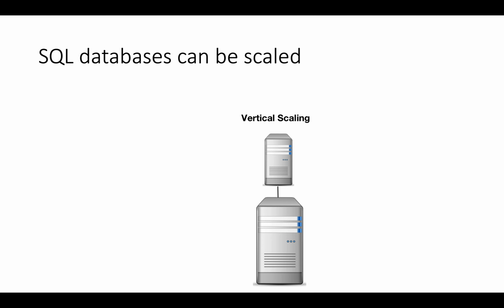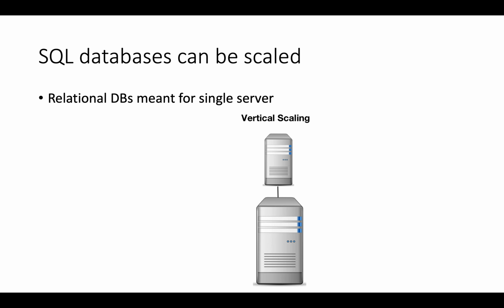SQL databases can be scaled. Some people say they can't. They can up to a point, and then it gets difficult. It's a special kind of scaling called vertical scaling. The issue is that relational databases are meant for a single server.